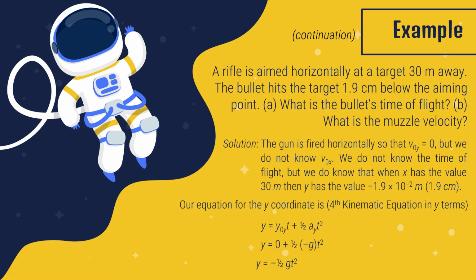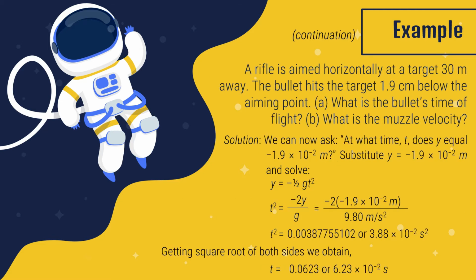We now have y equal to y initial plus initial velocity in y times t plus 1/2 a sub y t squared. Then we have y equal to 0 plus 1/2 times negative g times t squared, or simply y equal to negative 1/2 g t squared. We can now ask, at what time t does y equal negative 1.9 times 10 to the negative 2 meters?